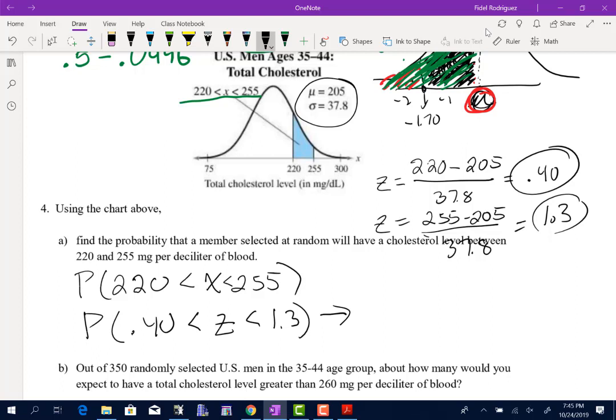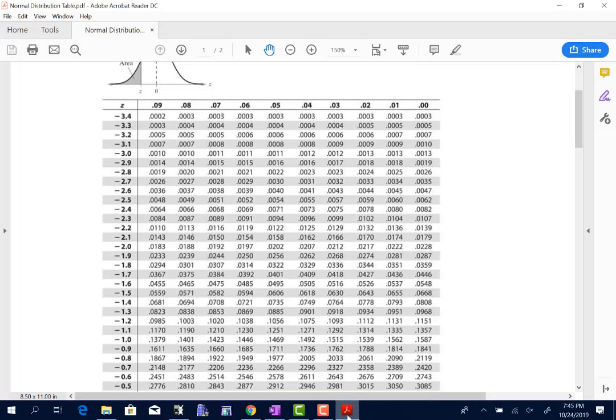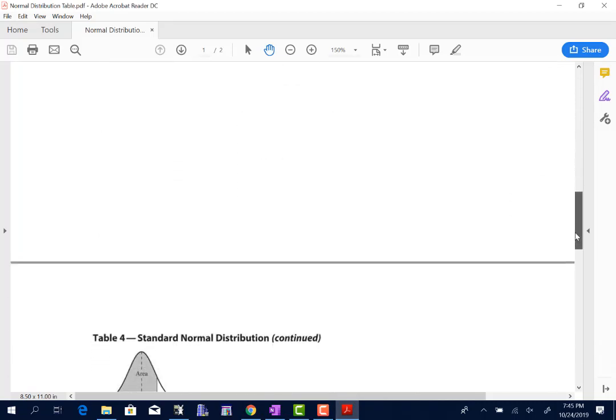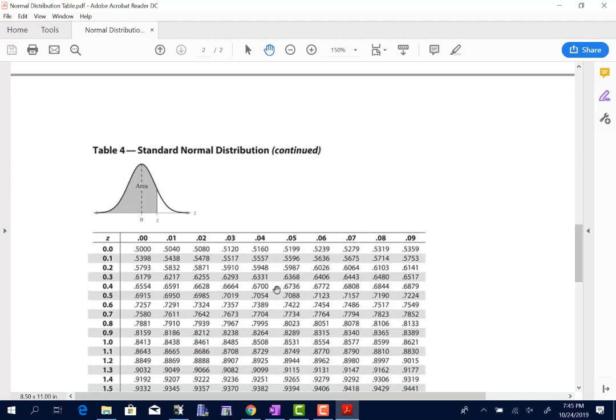Okay, so Rita, I want to make sure that we're good, just like we did before, right? I'm going to first find the probability smaller than 0.40. I just want to make sure we're on the same page. I'm going to use the table because I know you like the table, and then I'll come back and do it with the calculator. 0.40, y'all agree 0.6554?